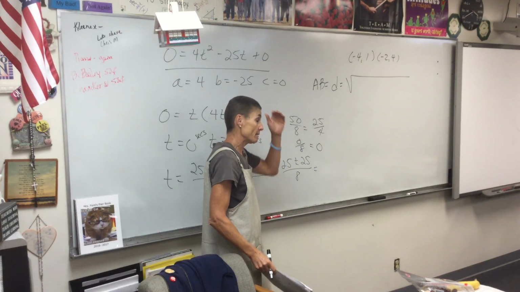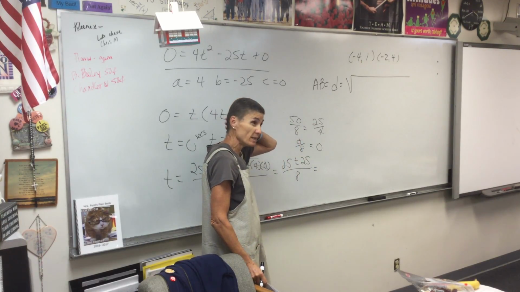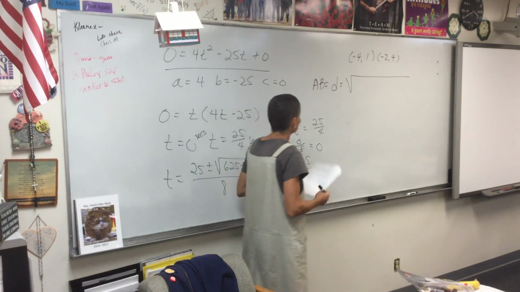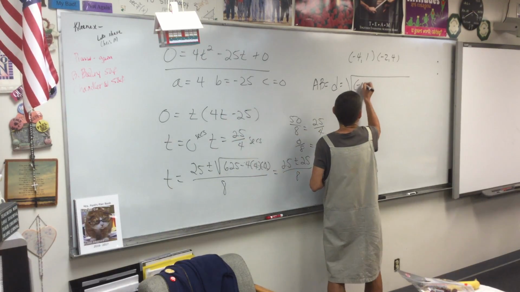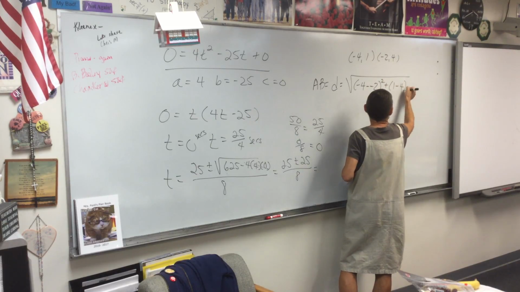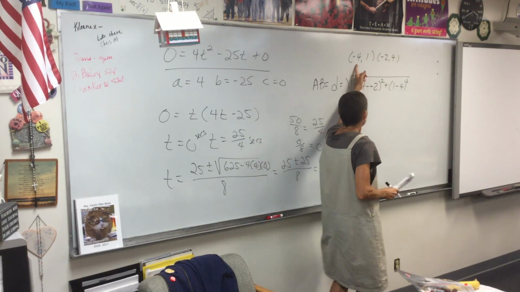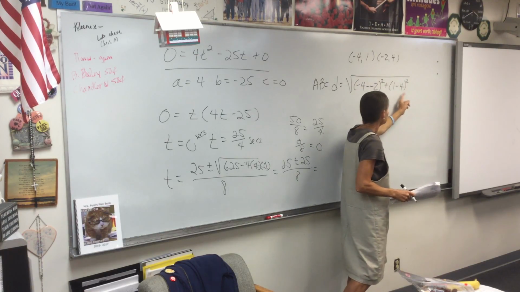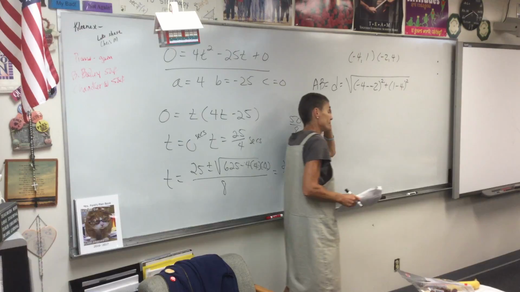Okay, you need to know that. Ms. Ford's not going to be whispering in your ear on Thursday. You need to know you're using the radical. So the distance is the square root of -4 minus -2 squared plus 1 minus 4 squared. I subtract my x's, subtract my y's, square them, add them together, and take the square root.